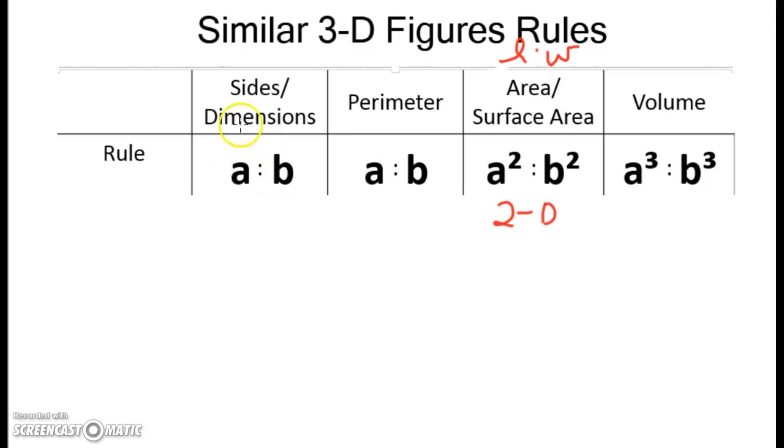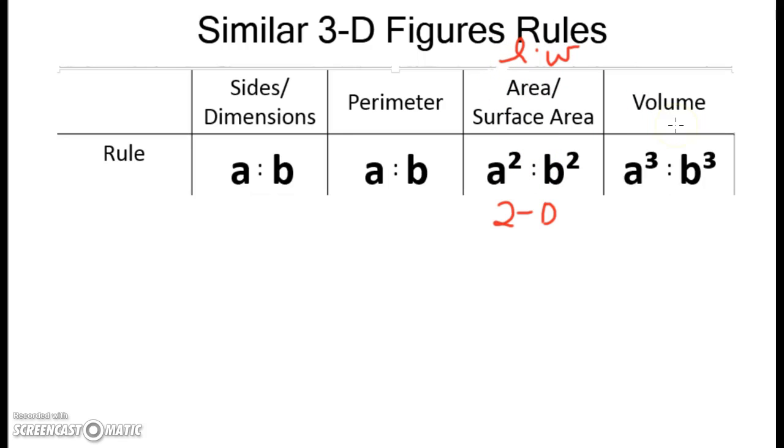And so when the sides, or the dimensions, that's the pieces of a figure, change in a certain ratio, the area will change in a slightly different ratio because area is 2-dimensional. So you have to raise it to the second power because there are 2 things changing, not just one.